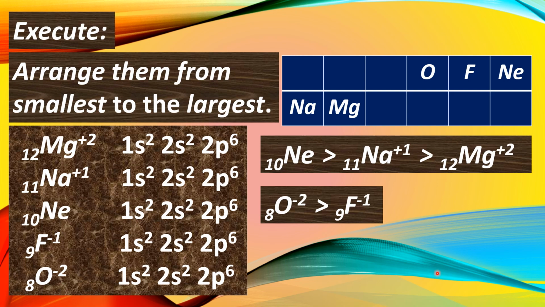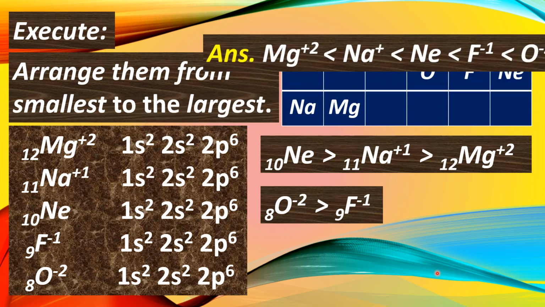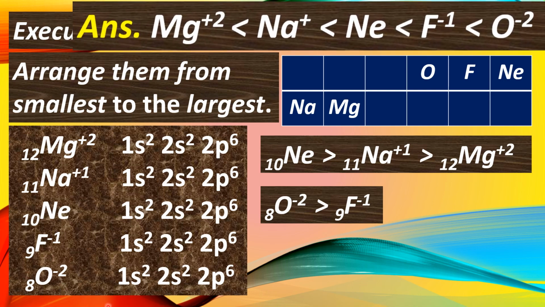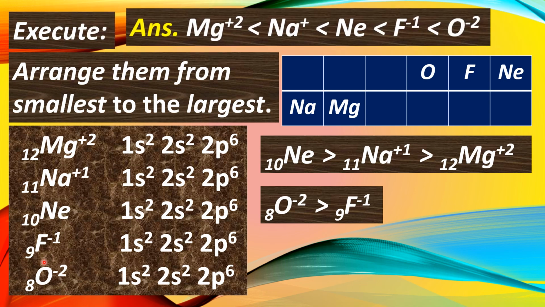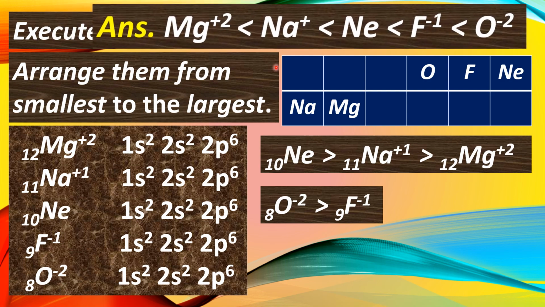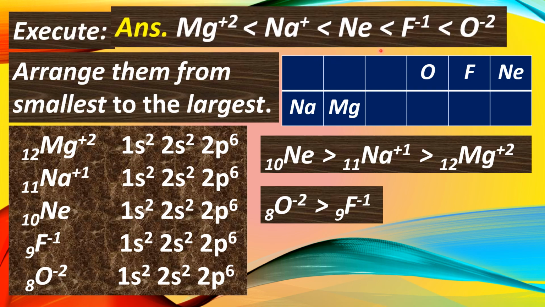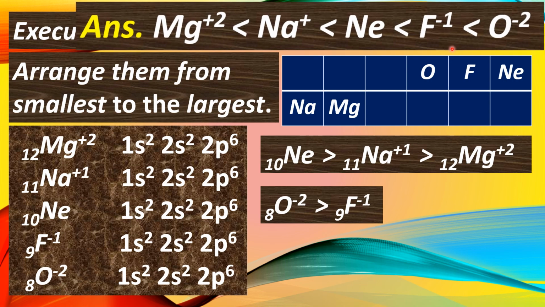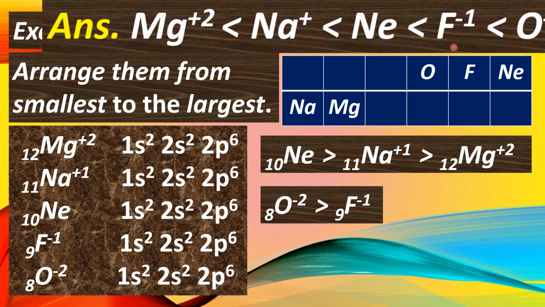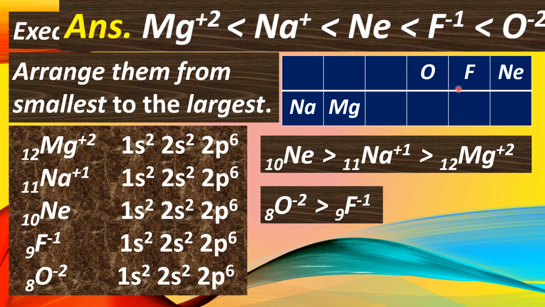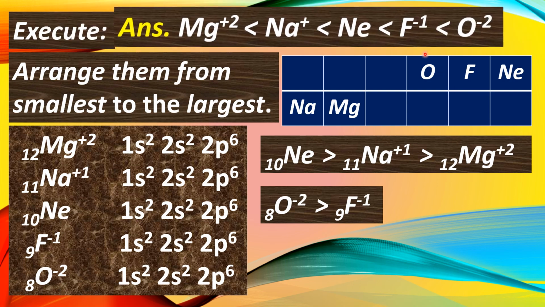So our final answer, arranging them from smallest to largest: the smallest is the magnesium +2 ion, followed by the sodium +1 ion, and then the neutral neon atom, and then the -1 fluoride ion, and the largest of them all is the oxide -2 ion.